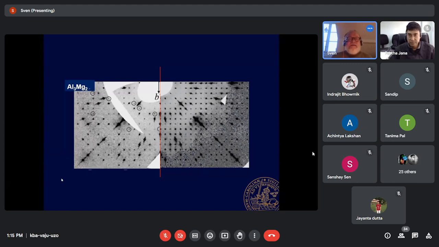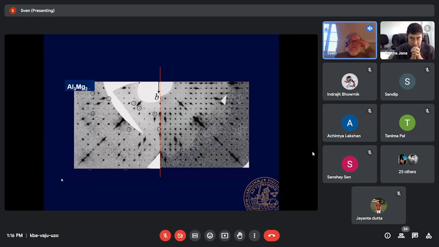In fact, the cubic structure of aluminum 3 magnesium 2 is not stable at room temperature, but it undergoes a phase transition to a rhombohedral form. On the right-hand side, you see the diffraction pattern from the same crystal after that phase transition has been completed by annealing the crystal at a low temperature.